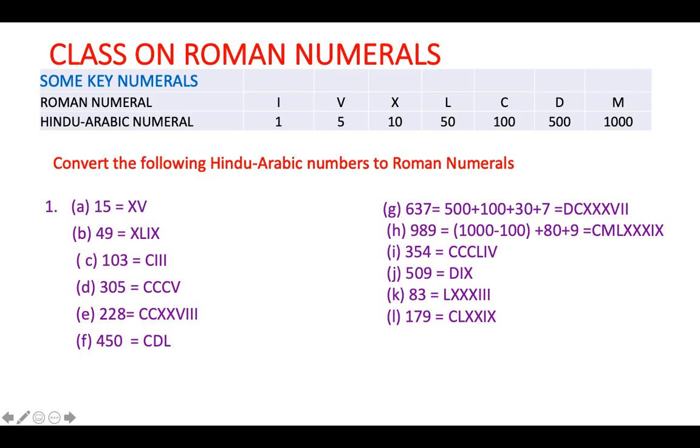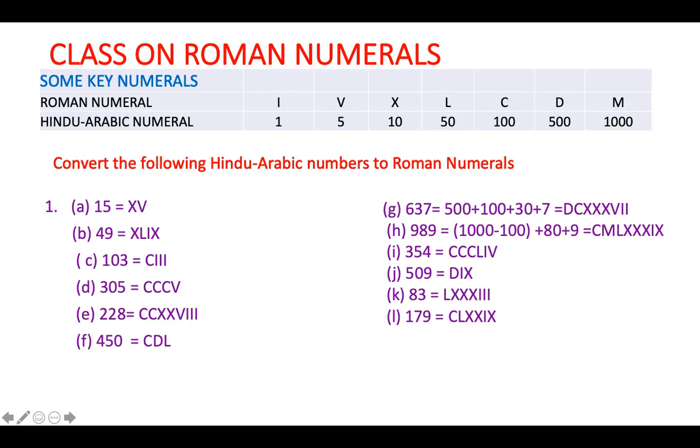Now, the next number is 179. So 179, we know how to write 100. That is C. Then 79. We have to write 70 first. So again, we will opt for this method.